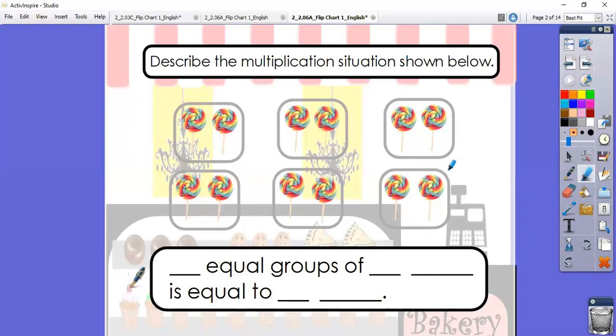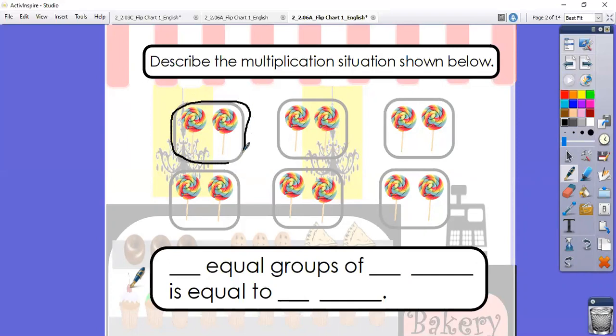So let's take a look at our first problem. This one says, describe the multiplication situation shown below. So here we have groups. As you can see, there's a little squarish, circle-ish shape in the background, and it is around each set. So I'm just going to help you see that a little bit more.